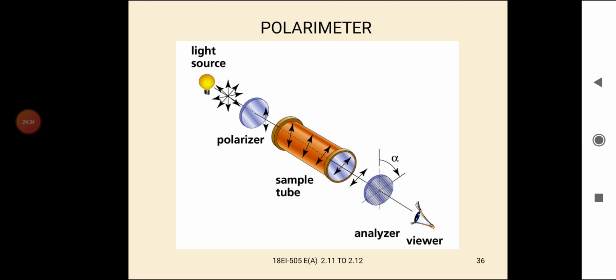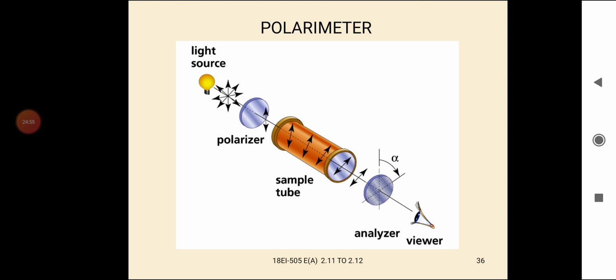A light source from a mercury vapor lamp is generated and passes on to the polarizer.